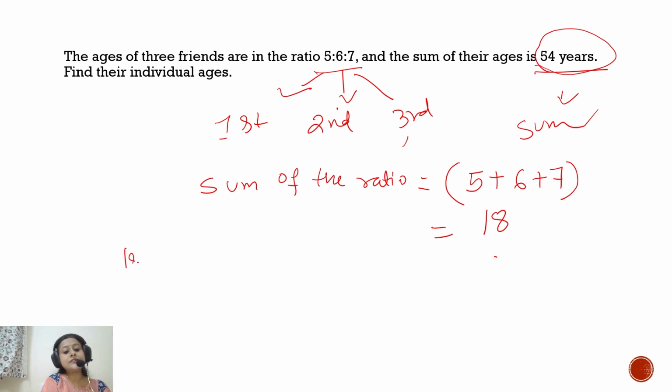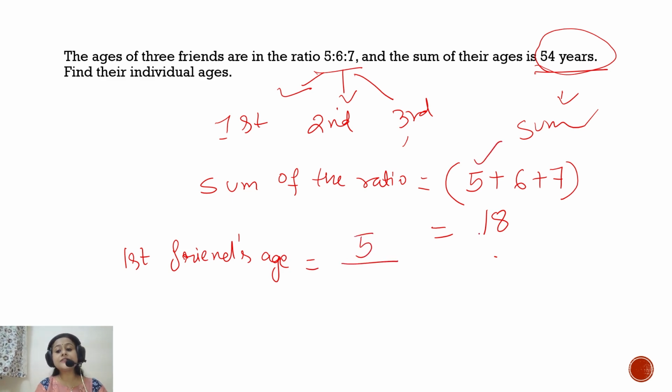So for the first friend's age, we have to consider the first term, that is 5 by the sum of the ratio, which is 18, into the total age or sum of the ages of the three friends, that is 54.